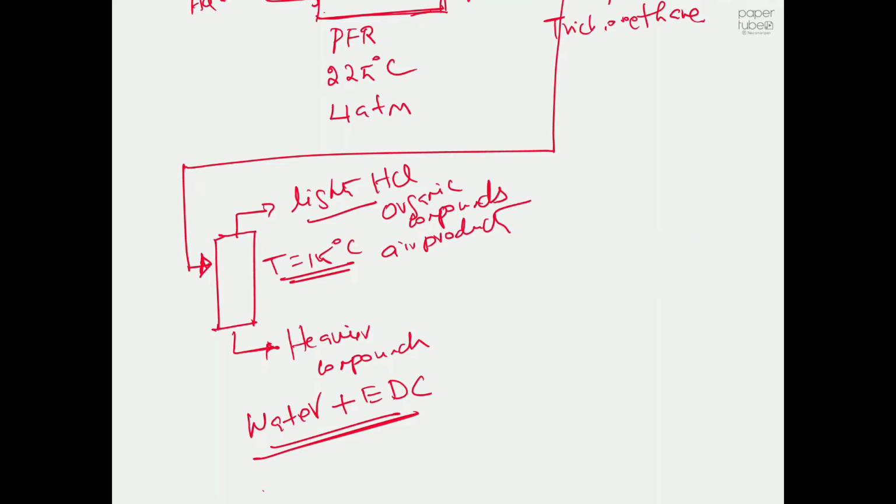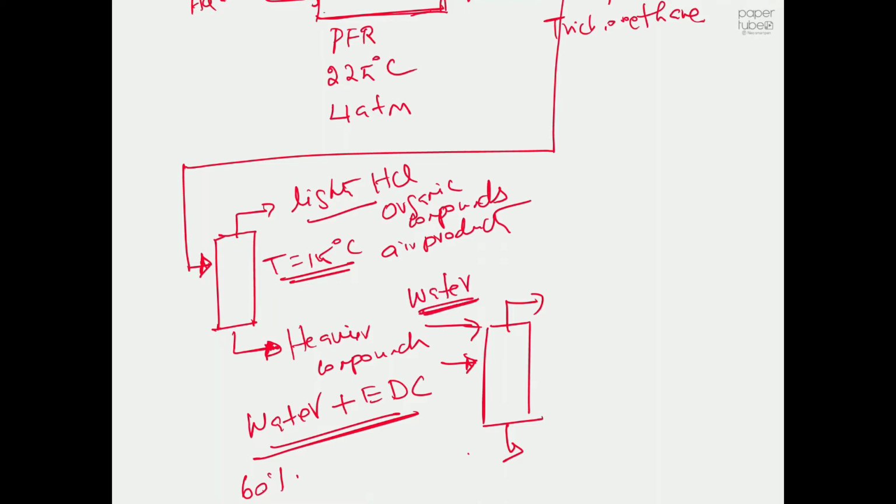And then from the flash separator, we will achieve a purity of roughly 60%, and then we will take this stream and add a liquid extractor, say like a 5-stage liquid extractor, and then we will use water as the solvent, or you can call it an extractant.